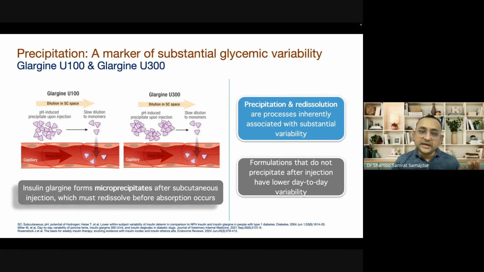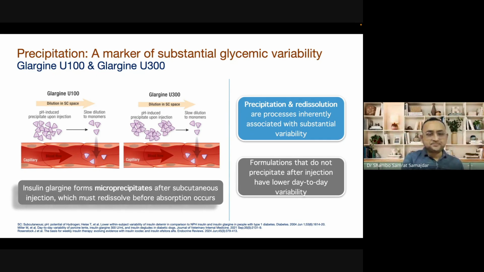Precipitation is a marker of substantial glycemic variability, and I think this is important to understand. In this image, we can see insulin glargine forms microprecipitates after subcutaneous injection, which must redissolve before absorption occurs. And that is why glargine U300, having dilution in the subcutaneous space, has pH-induced precipitate upon injection, so slow dilution to monomer.